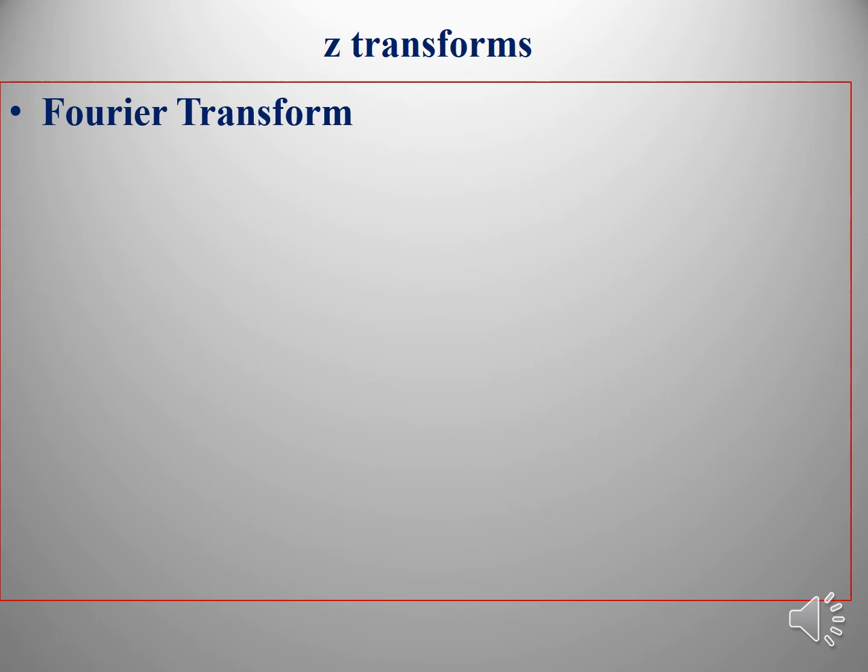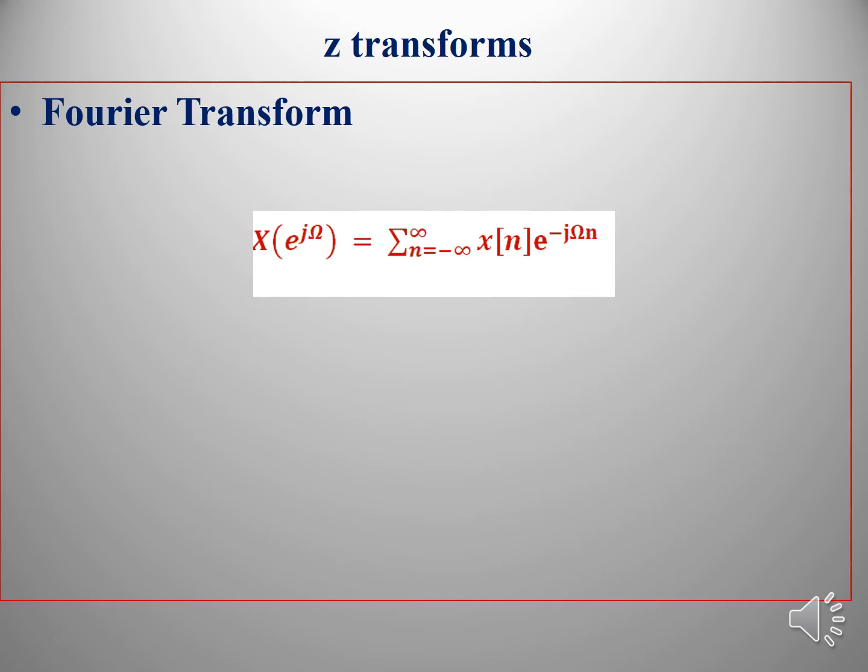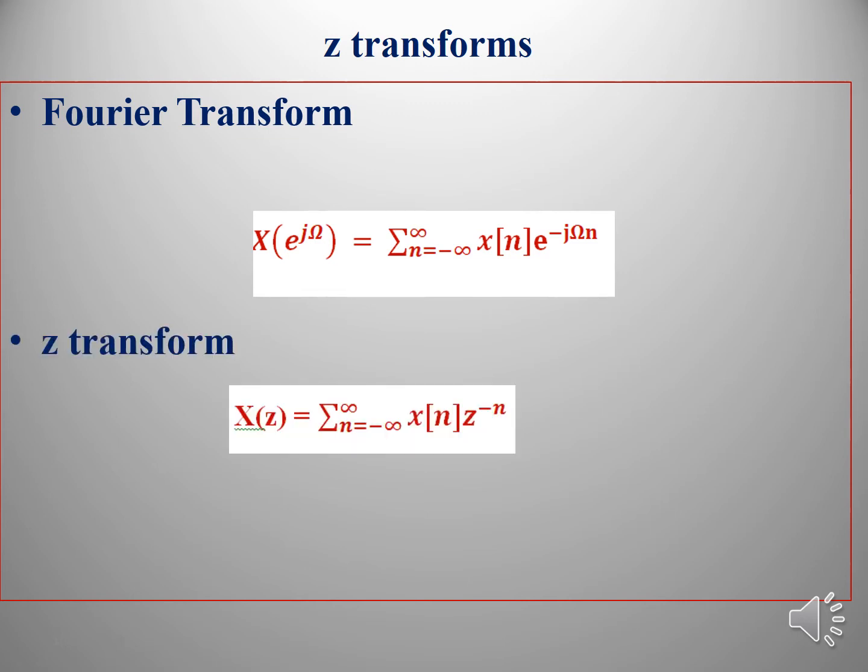Let us see the relation between the Fourier transform and the Z transform. The Fourier transform is given by the expression X of e power j omega equal to summation n equal to minus infinity to plus infinity x of n e power minus j omega n, and the expression of the Z transform is X of z equal to summation n equal to minus infinity to plus infinity x of n z power minus n.